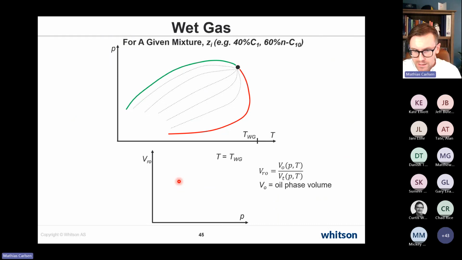Then wet gases, that will be a gas that produces liquid at surface, but it doesn't have a dew point. So the GOR should be flat over time. The compositions that you're producing should be constant. But you're still producing some hydrocarbons, so that will be over here to the right.